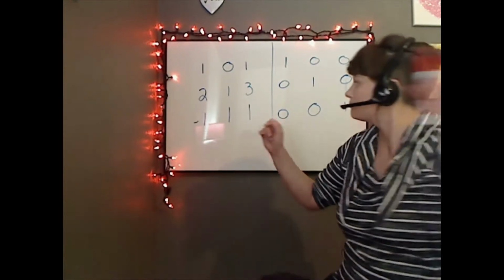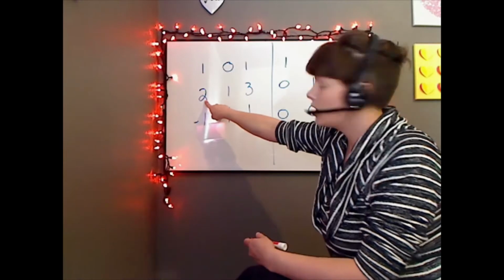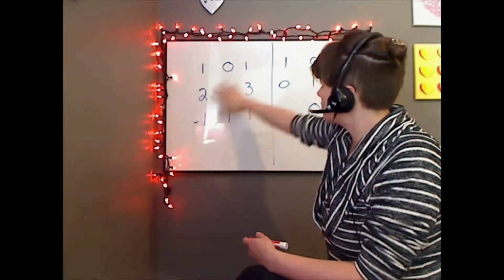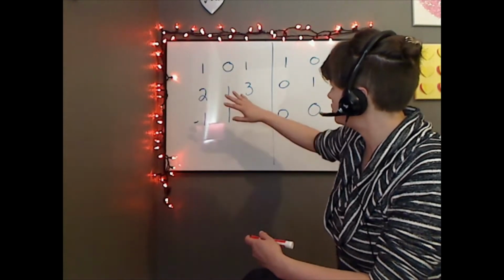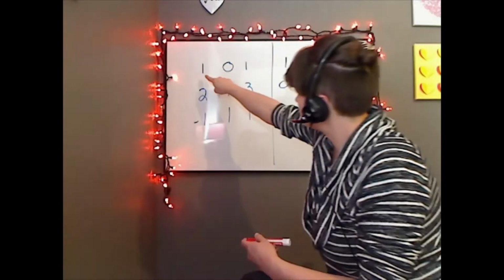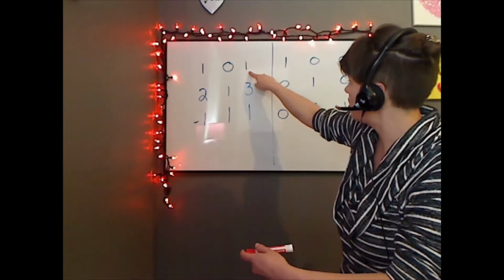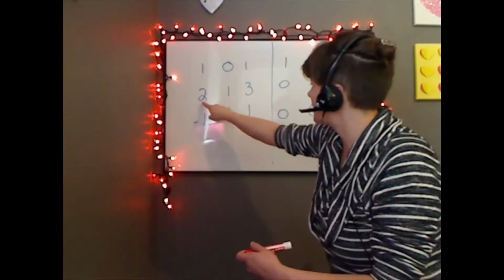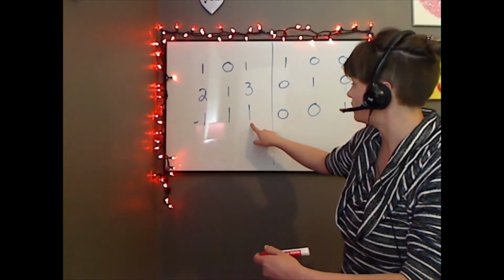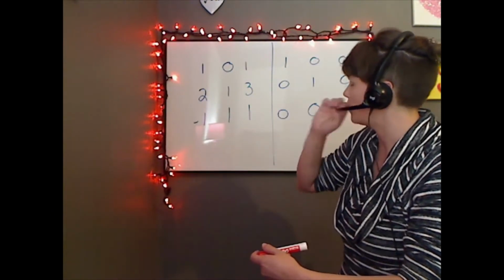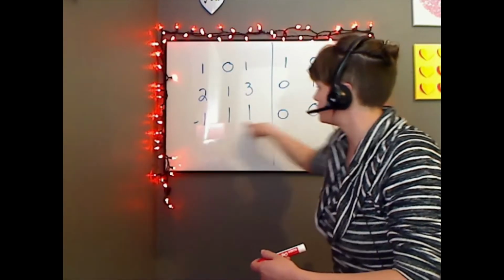I want to change this 2 into a 0. So I need to look at the other numbers around it to figure out how I can do that. I could subtract 2 times this row, or I could add 2 times this row.